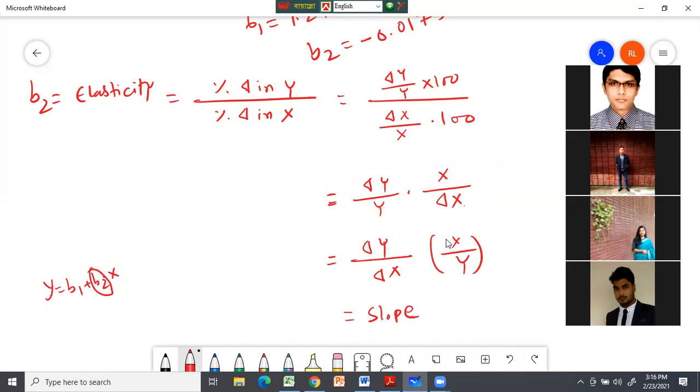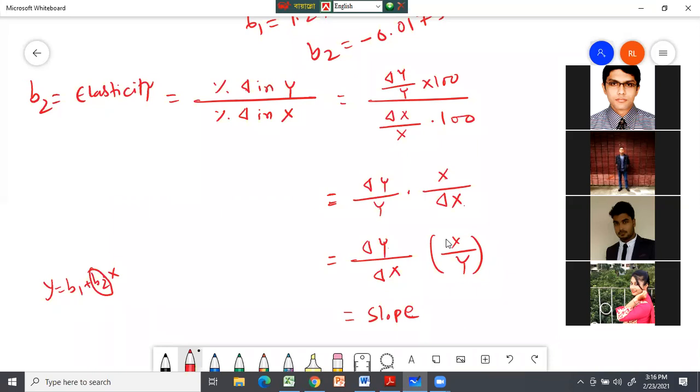So when you are measuring only the slope coefficient, this shows the absolute change in the dependent variable due to the absolute change in the explanatory or independent variable. I repeat, slope coefficient means absolute change in your dependent variable due to the absolute change in the independent or explanatory variable.